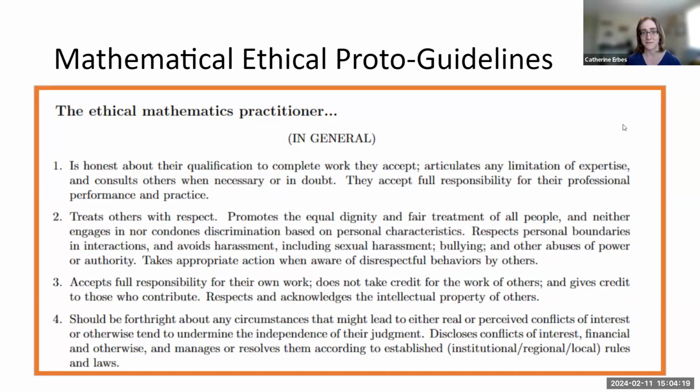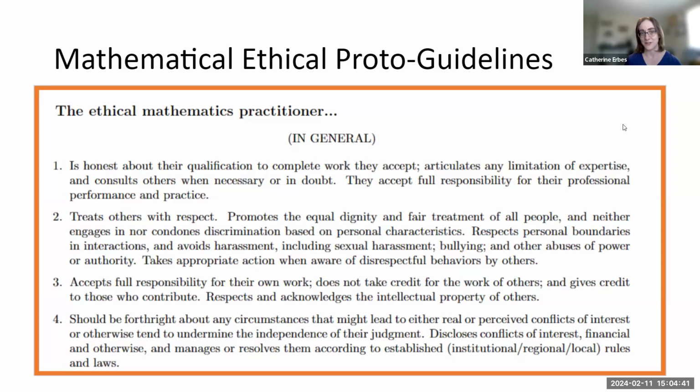What we have here is just 4 of them. I think there's 40 total at the moment. They're all basically the same sort of format, where the ethical mathematics practitioner does something, right? So it should be forthright about any circumstances that might lead to real or perceived conflicts of interest.